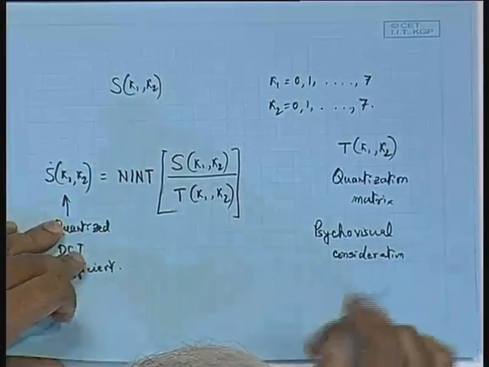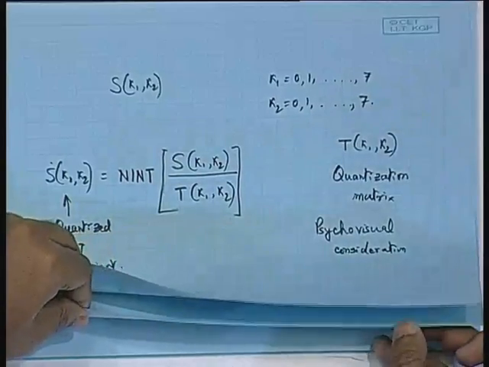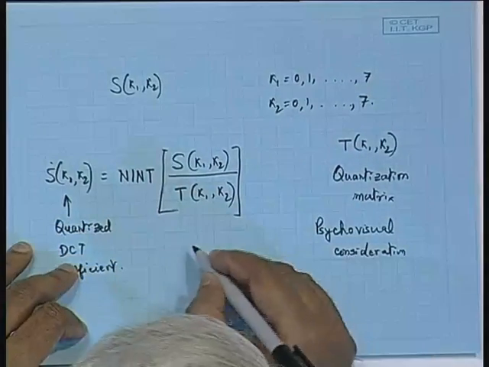So, it is possible that in the T K1 K2 matrix you will have quite lower values.